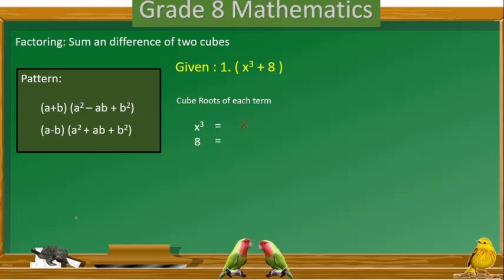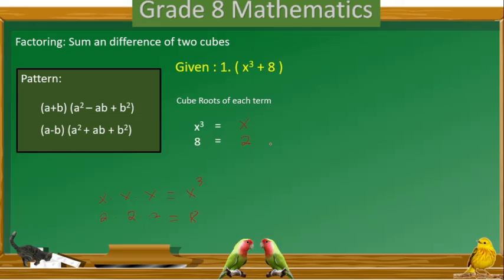When you multiply x times x three times, that is equal to x cubed, because in multiplication you just add the exponents. How about 8? The cube root of 8 is 2. Why 2? Because if you multiply 2 three times, the result is 8. Remember that when you say cube root, you multiply a number three times.